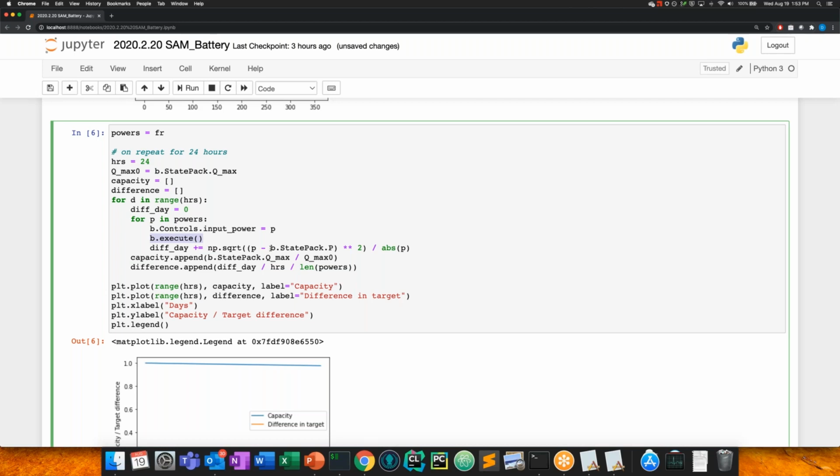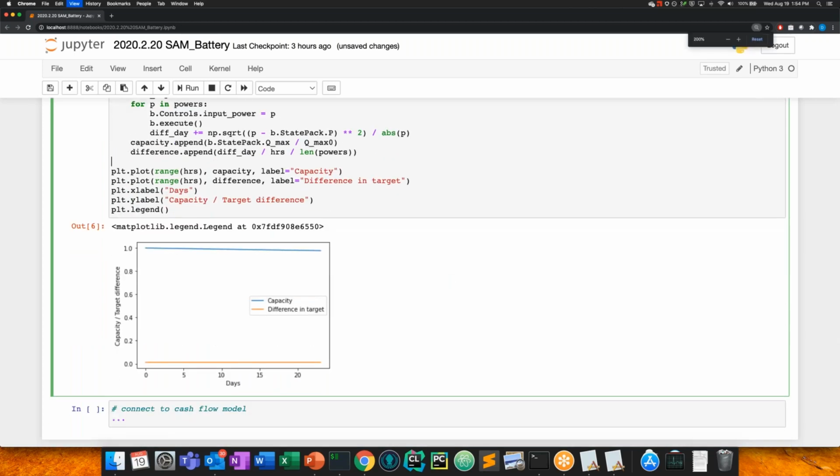Then we can look at the power of the battery and see how well it matches our target power. We'll also save the capacity, which is the Q max, so the maximum capacity divided by the nominal maximum capacity, which we saved in the beginning here.